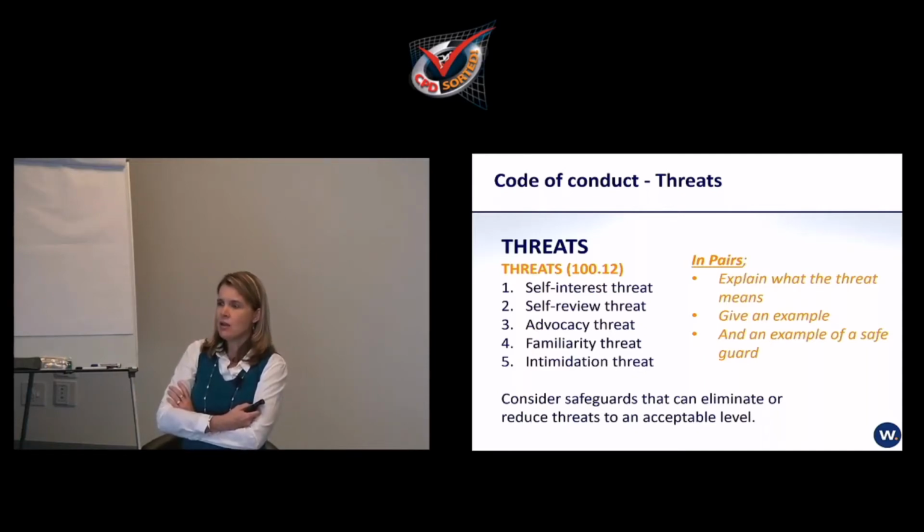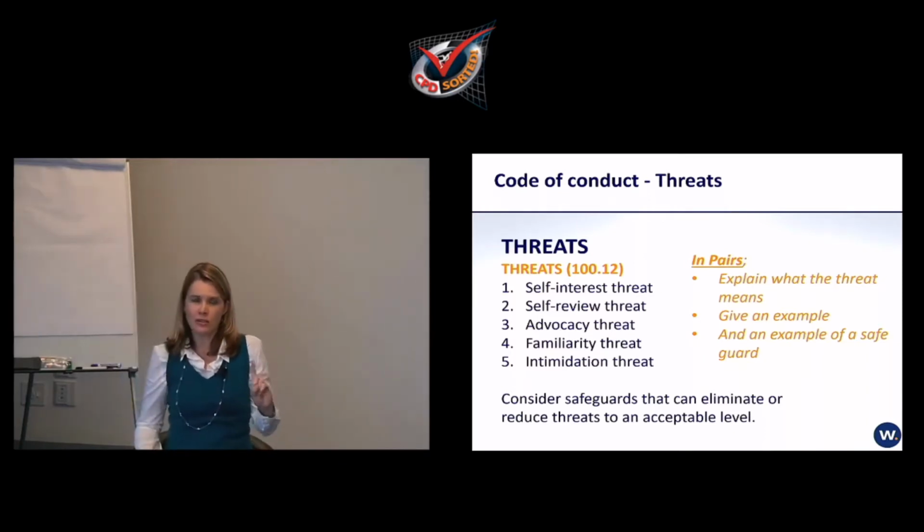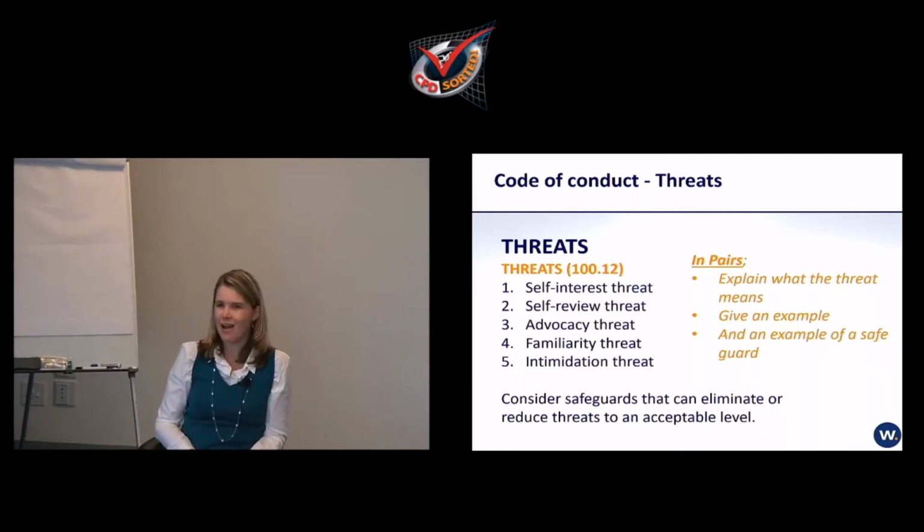Aziz, you can give me an example of a safeguard of self-review threat. Boledi, you can give me an example of safeguard for advocacy threat. And who else have I got there? Caesar, you can give me an example of a safeguard of familiarity threat. So you can type in your answers, please. I can't remember the order, so as I refer to you, you can put in the answer.